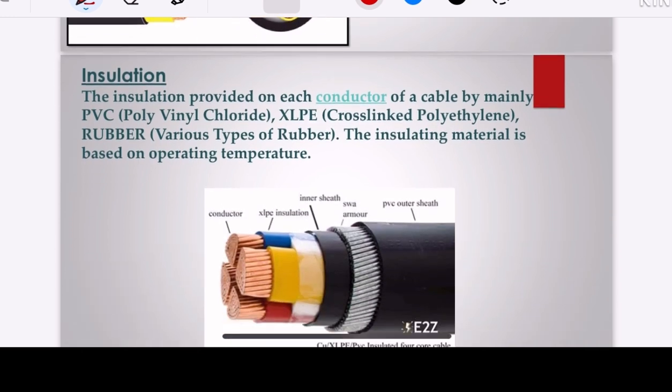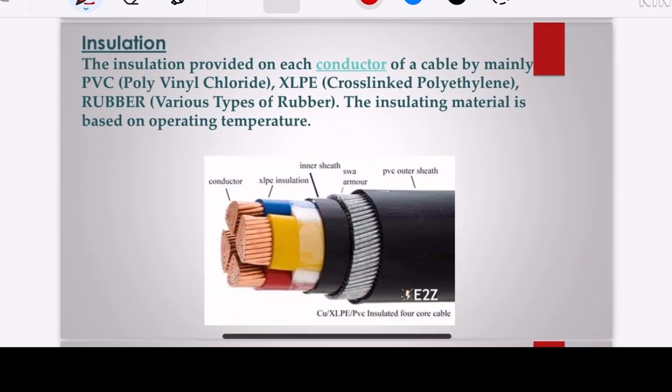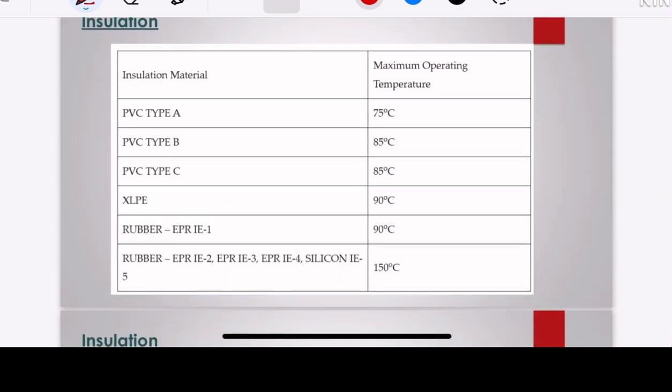Now let us move to the insulation which is over the conductor. This is the insulation. The insulation provided on each conductor can mainly be PVC, XLPE and rubber insulated. Based on the insulation, the operating temperature for that conductor will be decided.